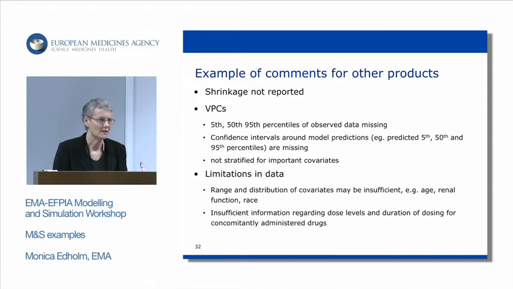This is usually the case for age, where very elderly are not included, or renal function, and race, which many studies include mainly Caucasian and very few subjects with other races. And also when it comes to concomitant medications, there is often insufficient information regarding dose level and duration of dosing for the concomitantly administered drugs, so it is very difficult to draw any conclusions regarding the influence of concomitantly administered drugs.